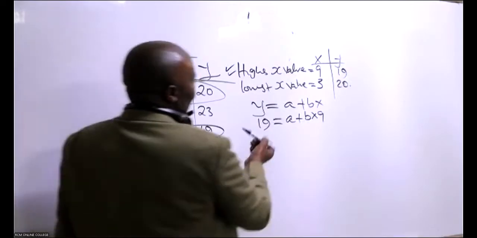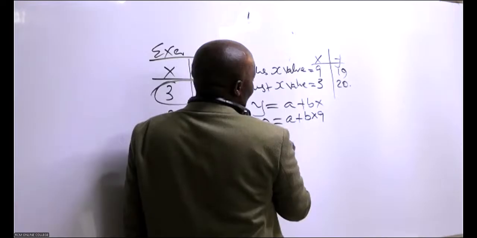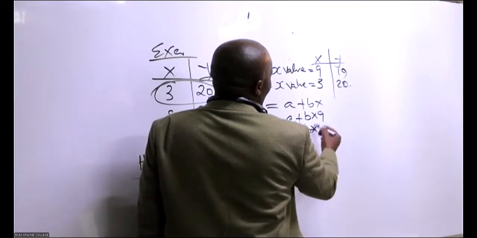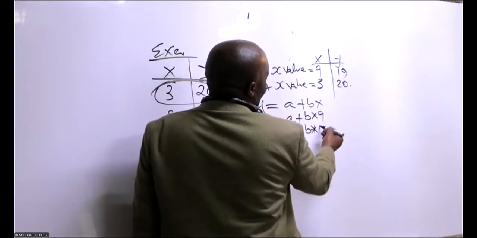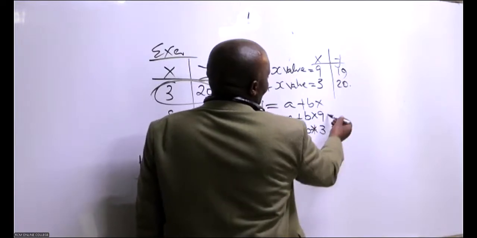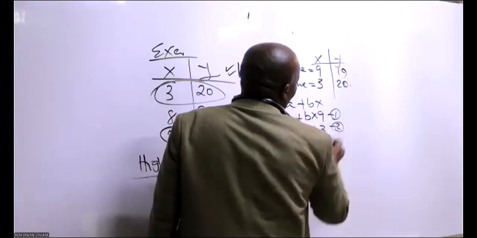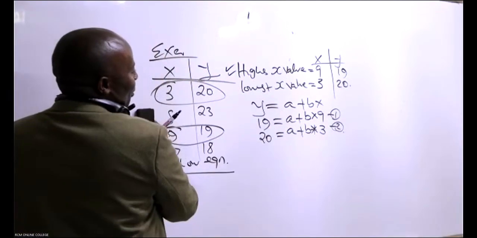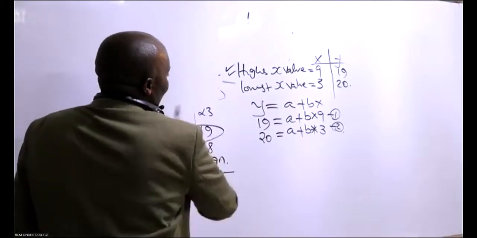Yeah. And then y, second one, it is 20, isn't it? Equals a plus b times x. X, which is what now here? 3. So this is 1. This is 2. Go ahead and write them properly.